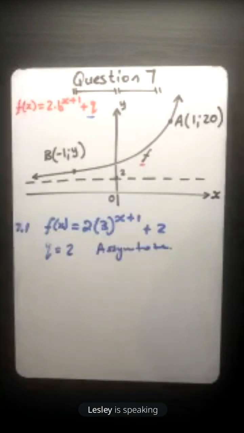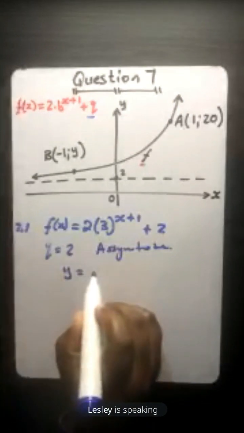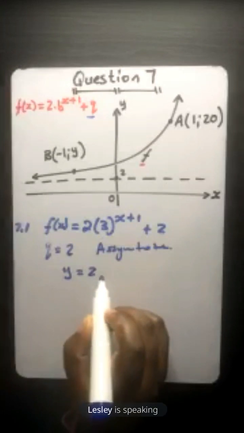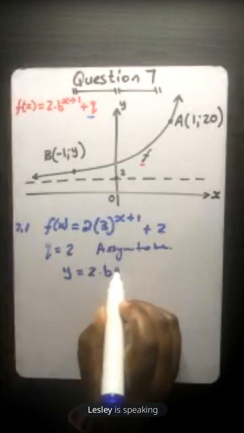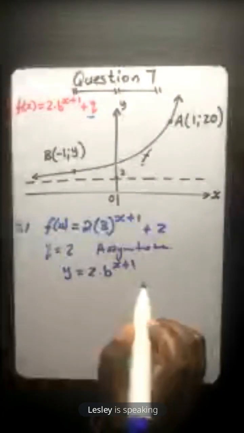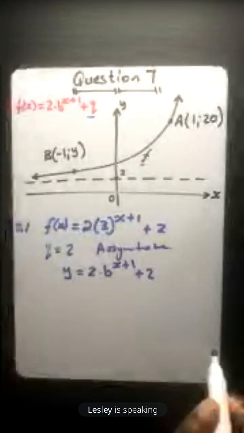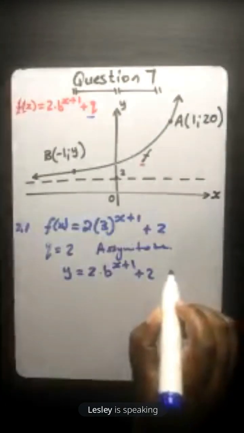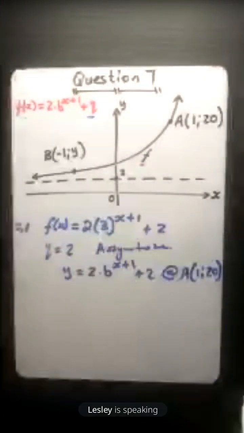So what I did is I said y is equal to 2 b to the exponent x plus 1 plus 2. Then I use the coordinates of A to substitute. Yes, yes. So I substitute those.